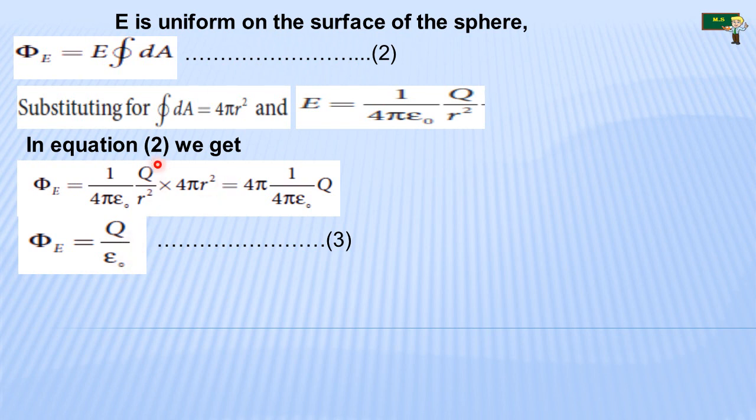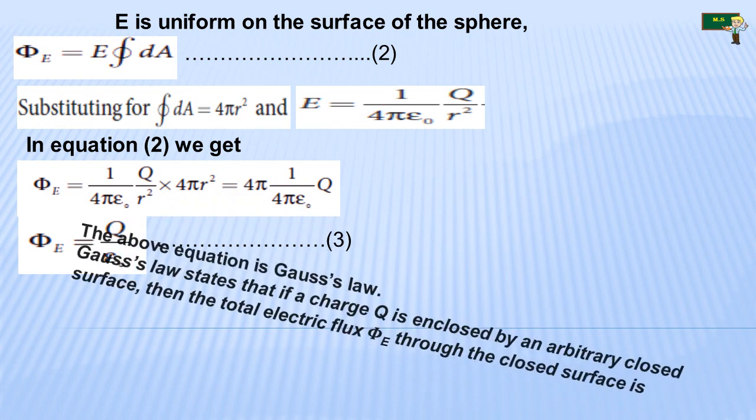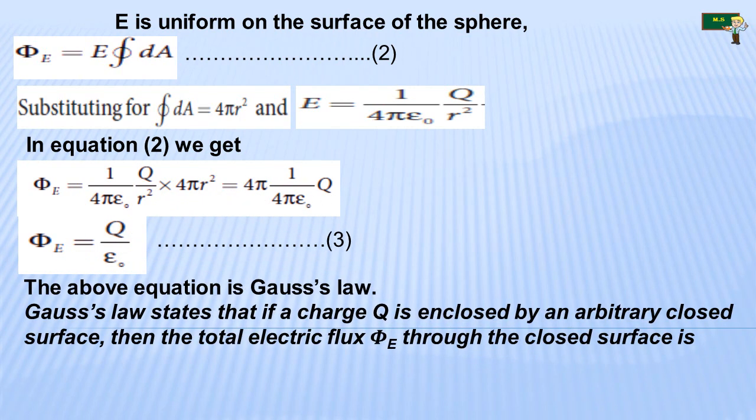Only q by epsilon 0 is left, which is considered as equation number 3. The above equation is Gauss law. Okay, this is called the Gauss law.